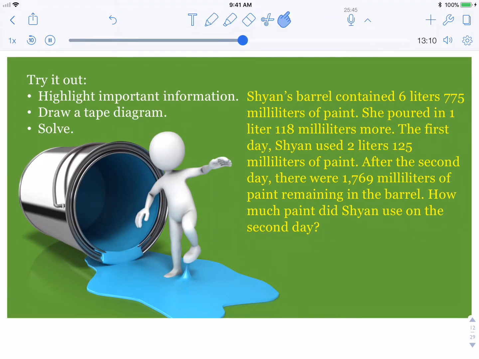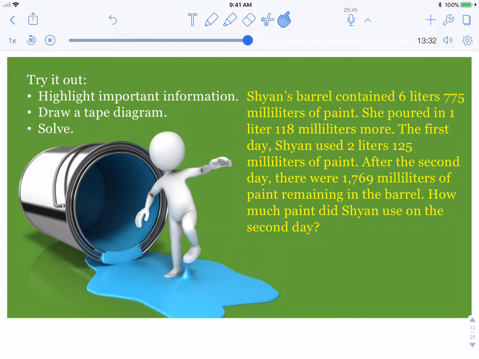Cheyenne's barrel contains 6 liters, 775 milliliters of paint. She poured in 1 liter, 118 milliliters more. The first day, Cheyenne used 2 liters, 125 milliliters of paint. After the second day, there were 1,769 milliliters of paint remaining in the barrel.